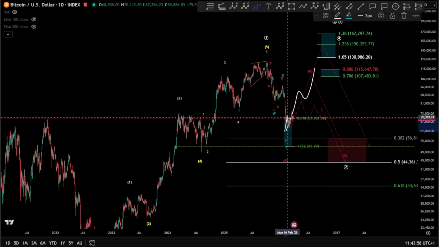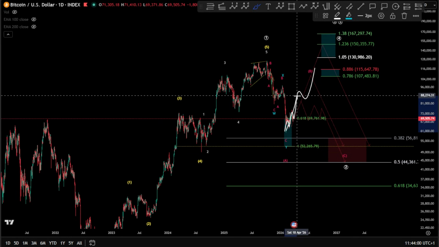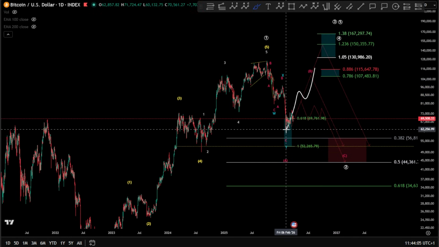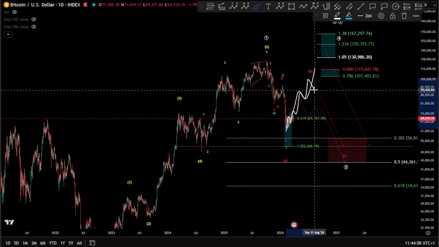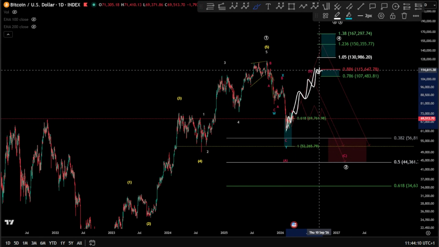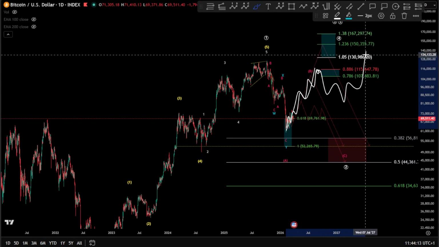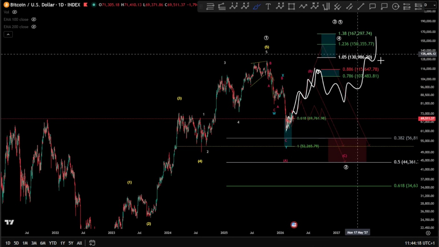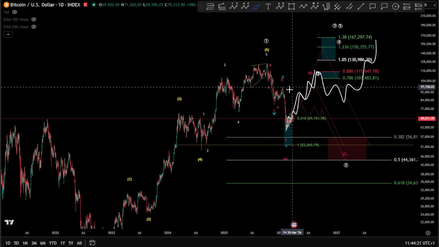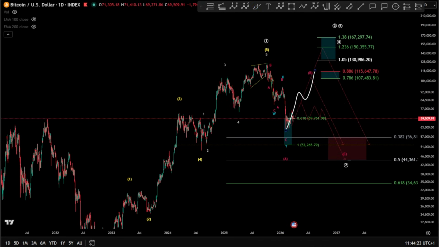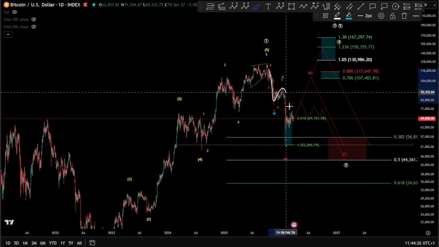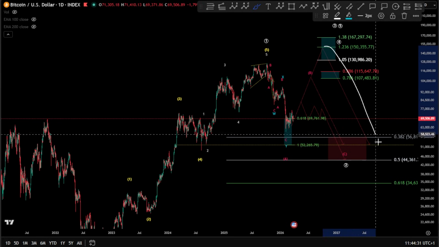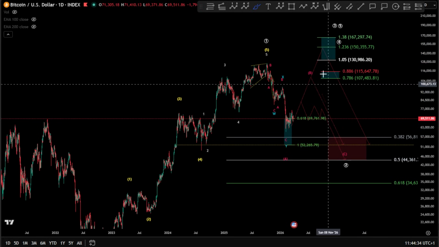For example, if we are in double 1, 2, we need a wave 3, 4, 5, 4, 5 somehow, and then wave B, and then wave C. Now, if this transforms to a more aggressive wave 3, 4, 5, 4, 5, meaning wave A already finished there, we might get a wave B and then wave C again, which might unfold 3 waves down, 3 waves up, hitting the targets for wave B, a new all-time high, as an expanding flat. This can happen as an expanding flat where we might reach a new high around 130, 150K, and then go back down aggressively toward the downside.